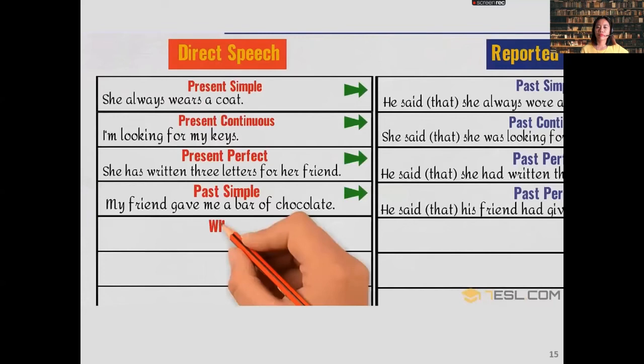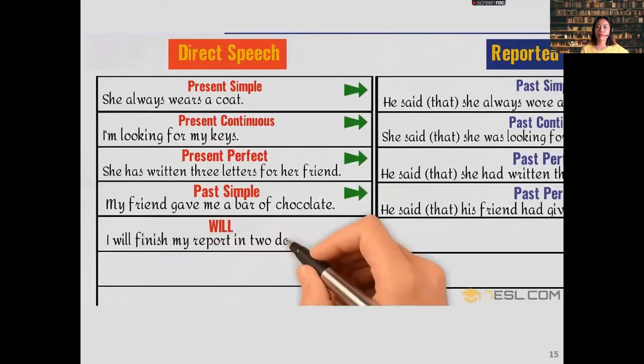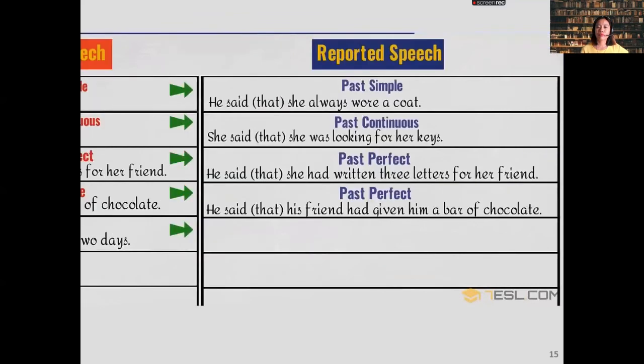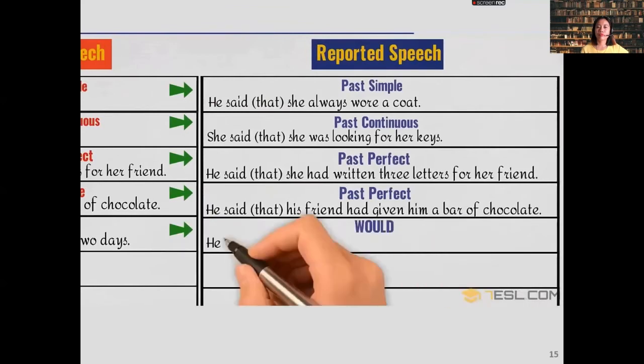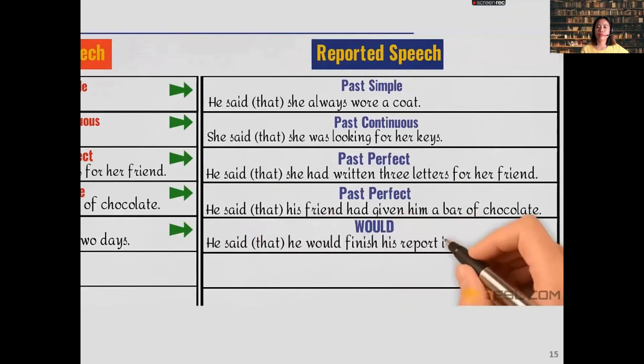Will. I will finish my report in 2 days. Would. He said that he would finish his report in 2 days.